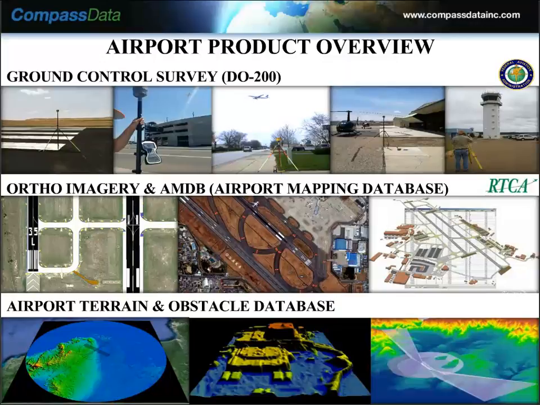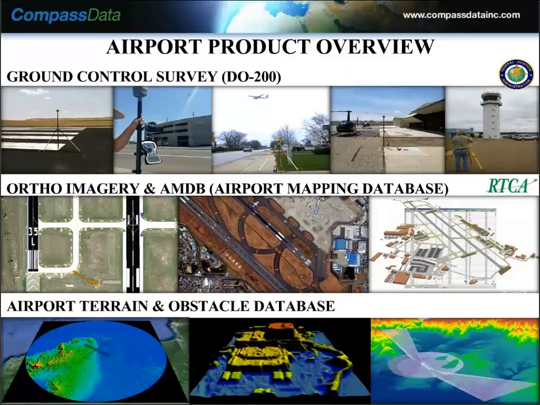Here's another look at the overview of the products, the key elements used to generate this DO200 data. The photo identifiable ground control points that we have around all the aerodromes where we have the certified data. That's consistent ground control with pictures, station diagrams, network adjustment reports.